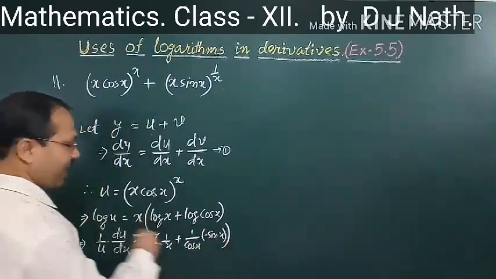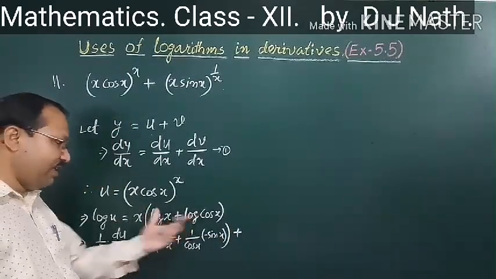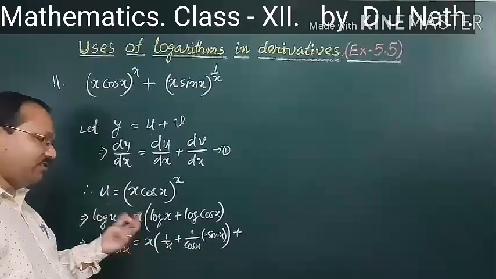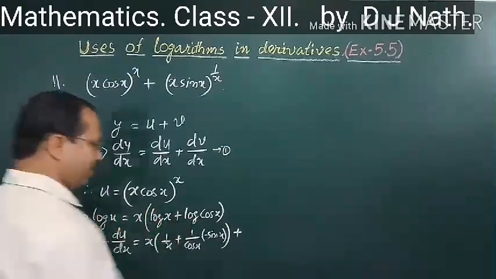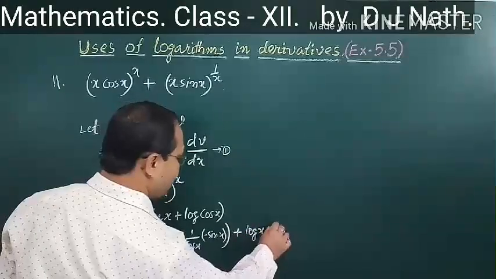Okay, plus one part we have done, plus this one into d dx of x. So d dx of x is 1, so only that will remain, log x plus log cos x.